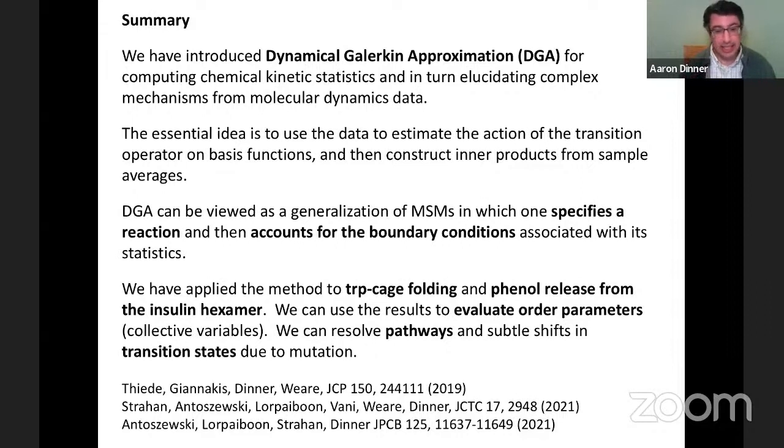And then we can get sufficiently accurate results that we can make very subtle changes to the molecule and see how things like the committer or the reactive current above the pathways, how those move around. So I think it's really quite a powerful technique. And I hope people are going to use it.